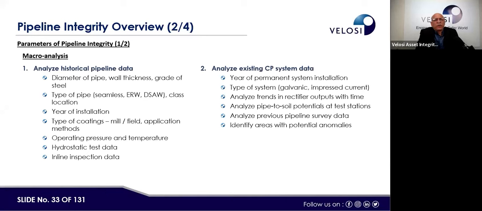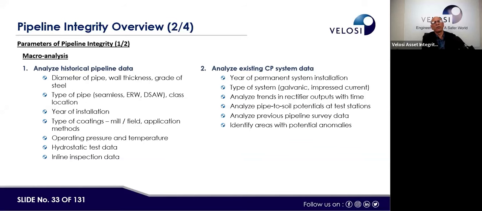So in general, what kind of data, what kind of analysis do we wish to do? The first thing is macro analysis. The second one is micro analysis. When we say macro analysis, it means what is the overall pipeline length, how much fluid we wish to transfer, what kind of material of construction we need for the pipeline, what diameter of the pipeline we need to install, what kind of welding would be there, and what kind of hydrotest would be required.